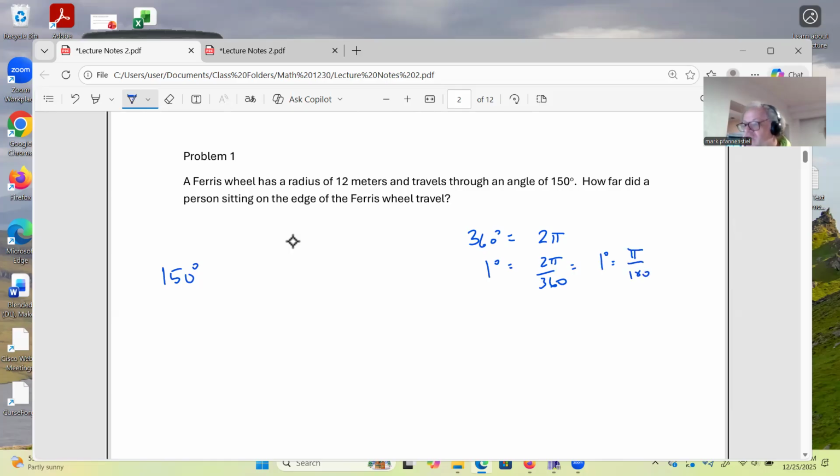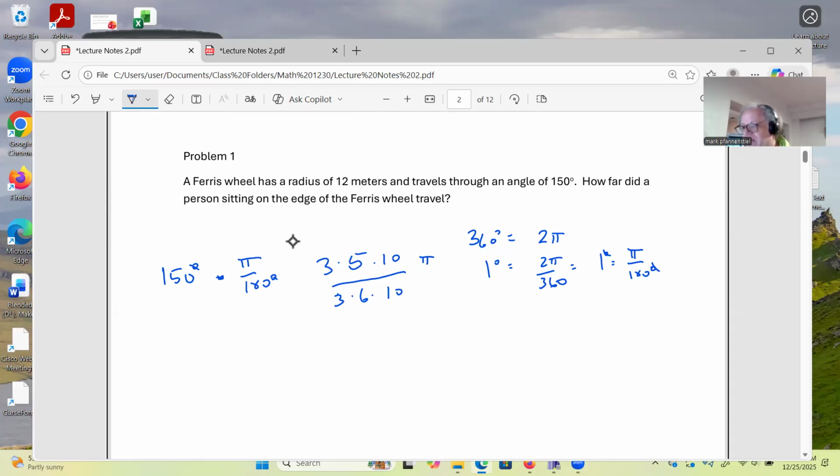150 degrees should mean that we have 150 times pi over 180. We're going to convert this to radians. We'll put the 180 degrees here so the degrees cancel, and we're left with a unitless number. 150 is really 3 times 5 times 10, and 180 is 3 times 6 times 10, times my pi.